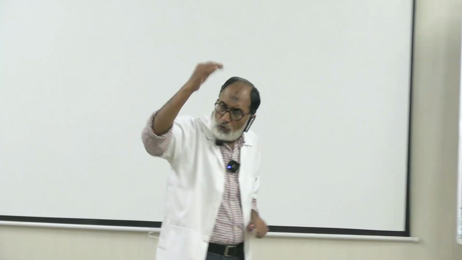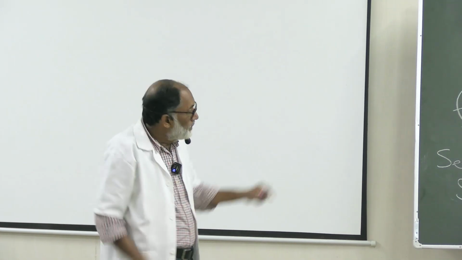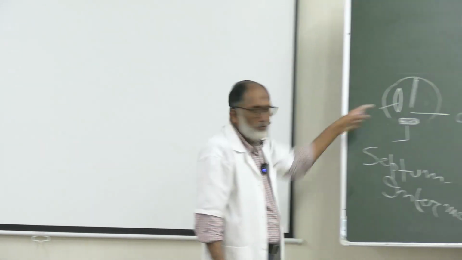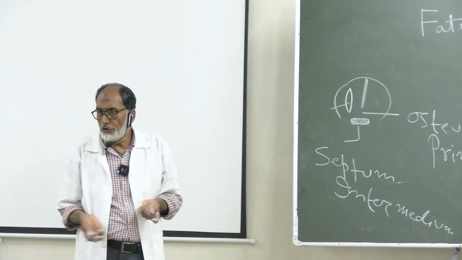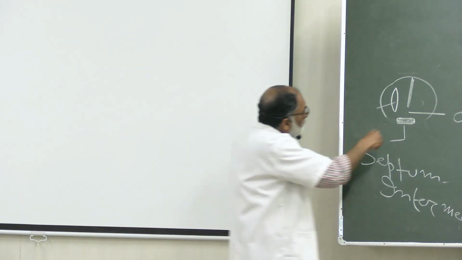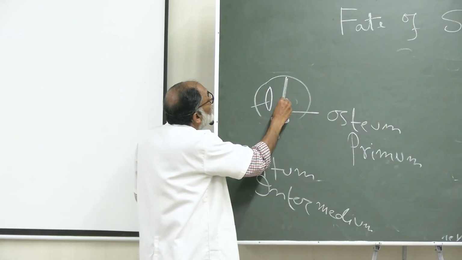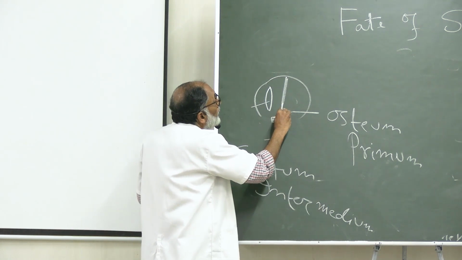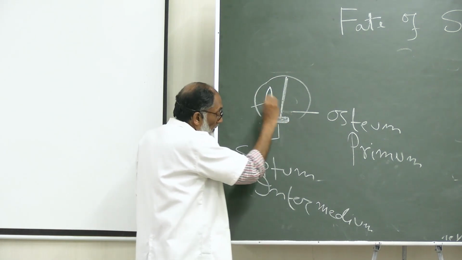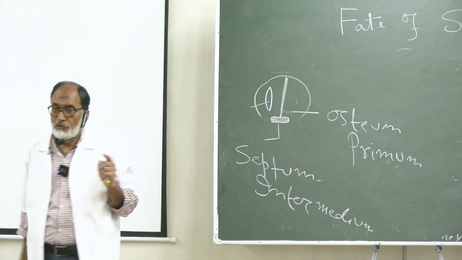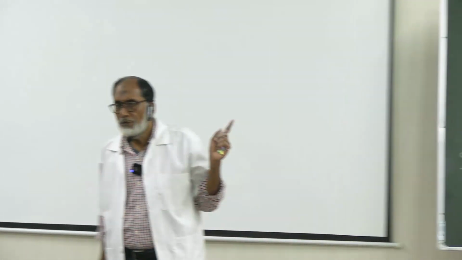Because of the progressive growth of the septum primum, this ostium primum will be obliterated. It will come in contact with the septum intermedium and fuse with it, and this foramen is obliterated.